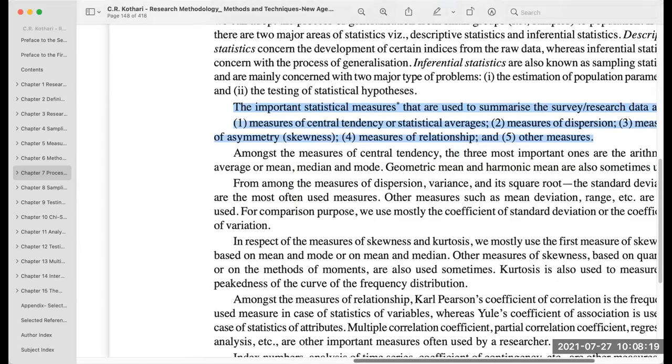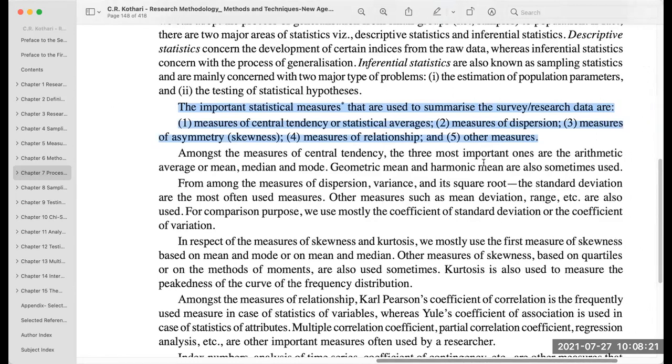The measures we are interested in for the analysis are measures of central tendency, or you can say statistical averages like mean, median, or mode. We have already discussed that. Measures of dispersion, or spread, in terms of the variance, standard deviation, and range.